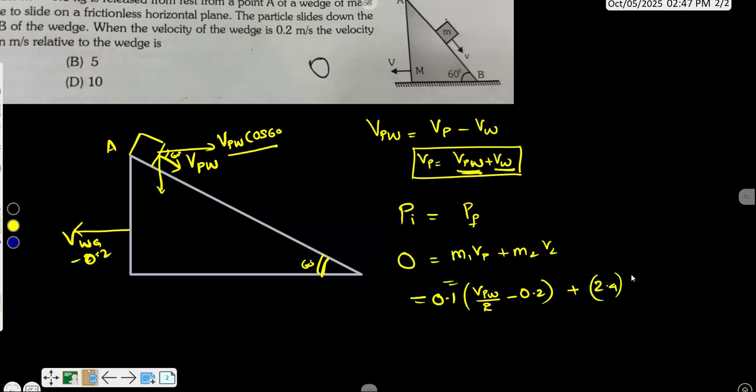The mass of wedge is 2.4 kg and it is going backwards. So it is minus 0.2. That would give me 0.1, and velocity of particle with respect to wedge minus 0.4 divided by 2, plus minus 0.48.